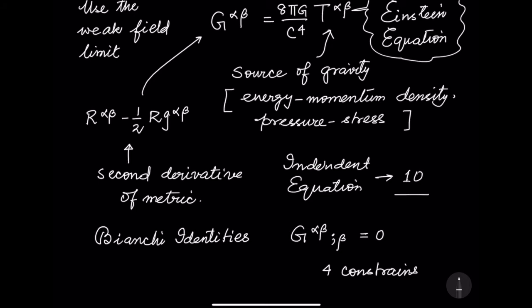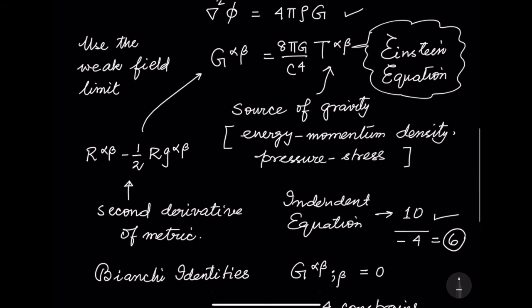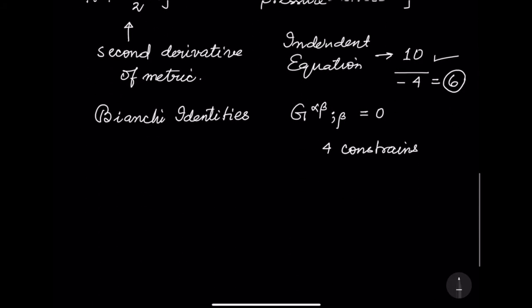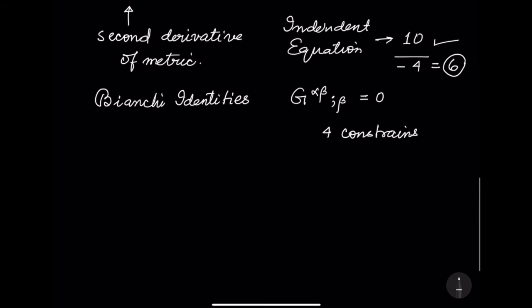They serve as 4 constraints on the 10 components here, which means these are not 10 independent equations. The number of independent equations is 10 minus 4 equals 6. There are only 6 independent equations. And you realize there is something wrong now, because I have 10 functions to solve for.